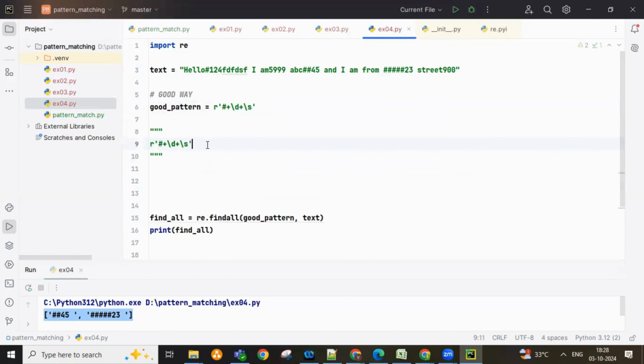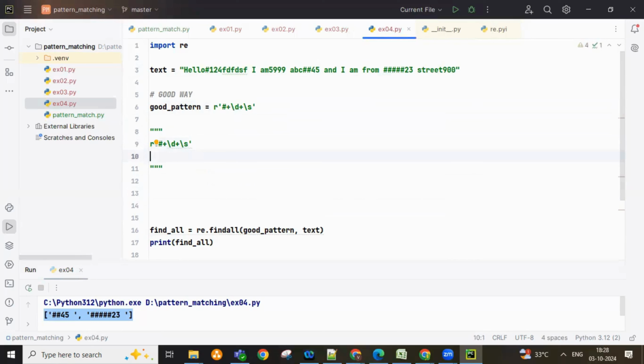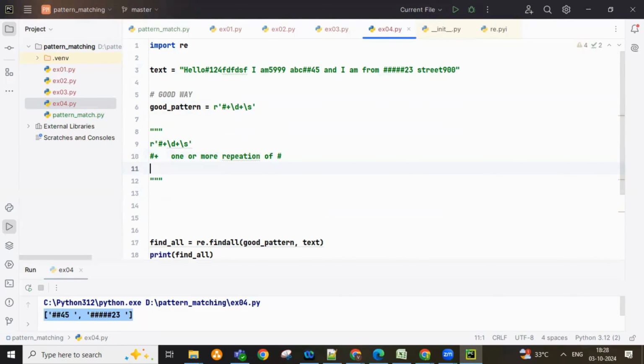This pattern: hash, slash d plus, one or more repetition of digits.